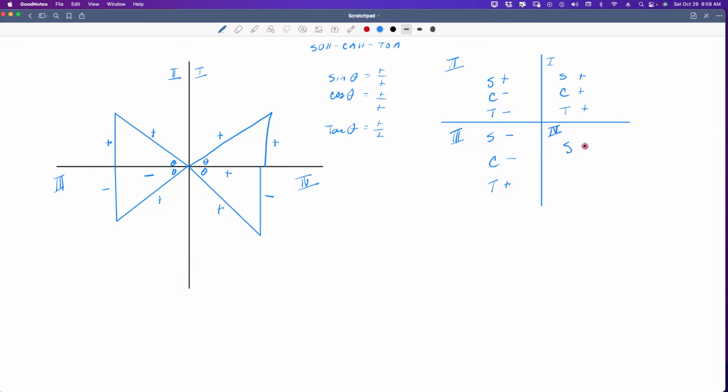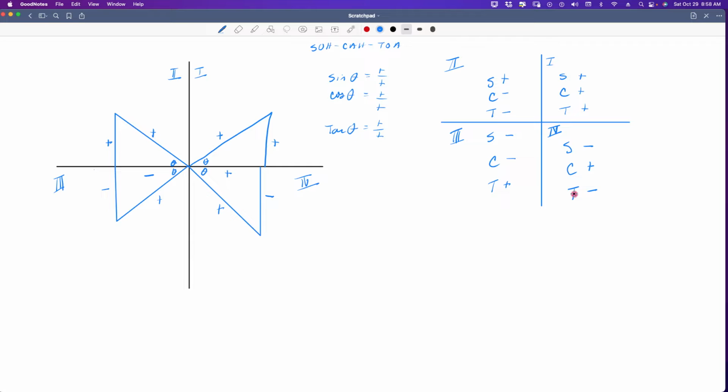So the sine is going to be negative. Our adjacent over the hypotenuse is positive over positive, so our cosine here is going to be positive. And for our tangent, we have the opposite over the adjacent, negative over positive, so our tangent here is going to be negative.